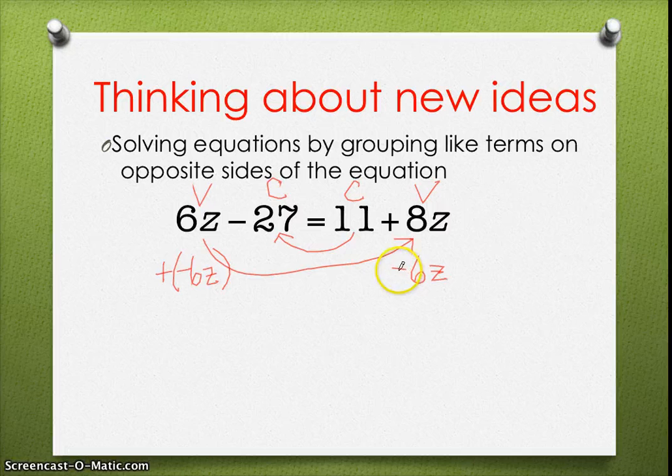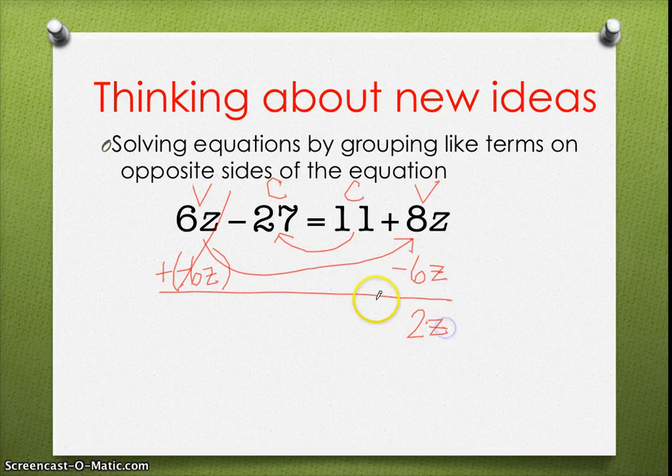So I'm going to make sure that the inverse is negative. So once I do that, I get rid of my 6z. 8z minus 6z gives me 2z. Notice how all the variables are now on the right side of the equation. And then now I can work with my constants.